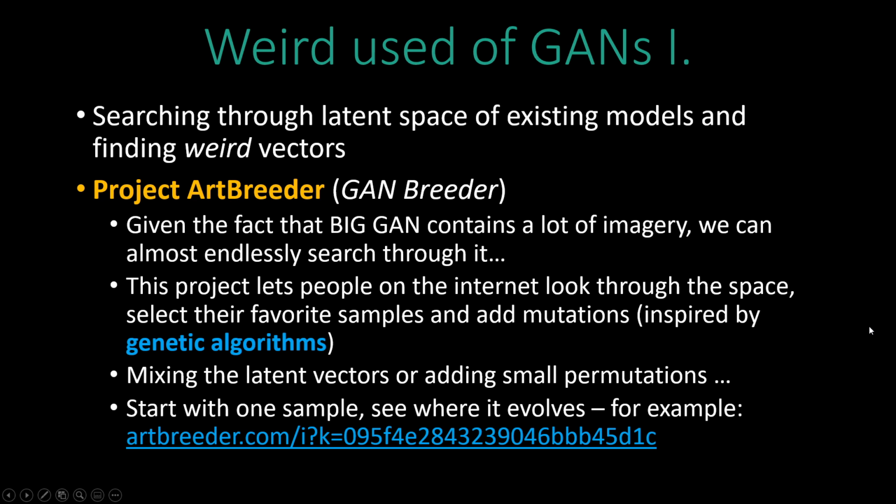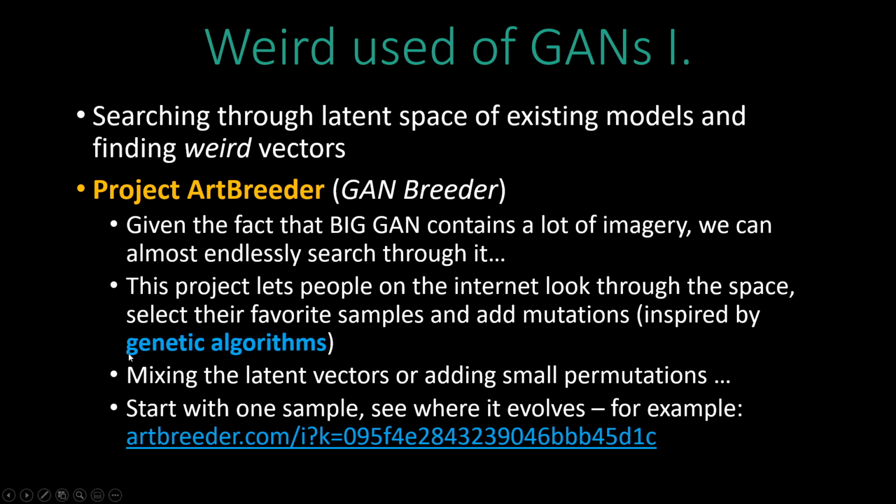Another example is the project Art Breeder, also known as GAN Breeder. It uses the fact that a GAN such as the big GAN contains a lot of imagery, and we can almost endlessly search through it and find different shapes that are maybe of some weird interest to us. They released this model on a website and allowed people on the internet to go through these images and find the ones that they deem interesting, take them and maybe edit them by some small mutations and explore where some crossovers between two images would go.